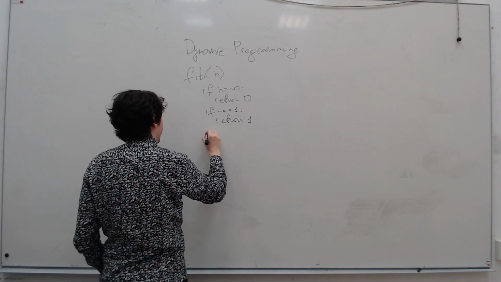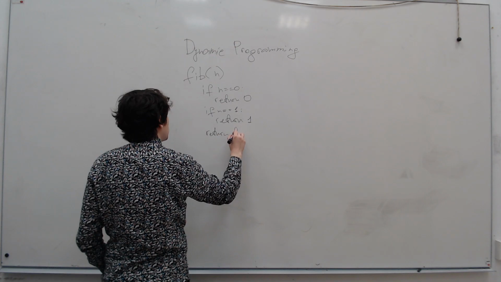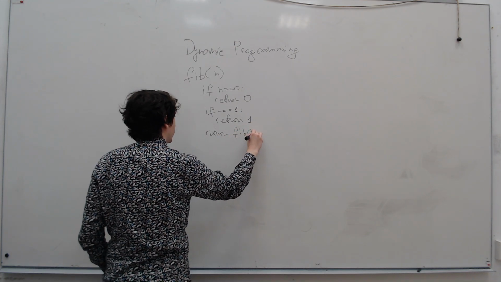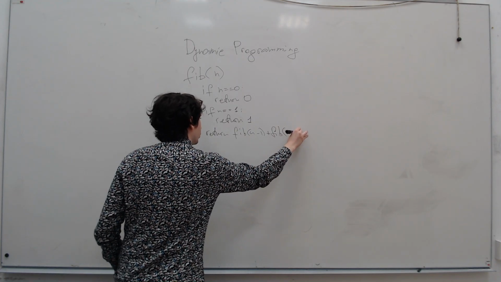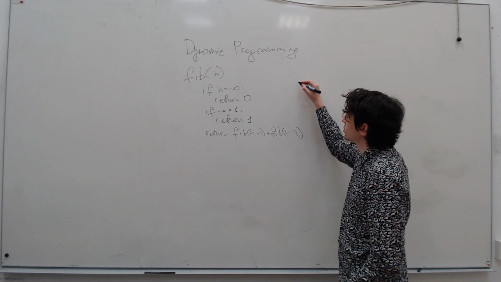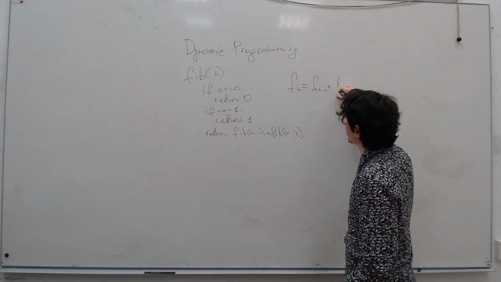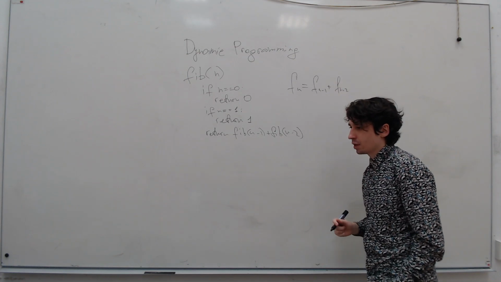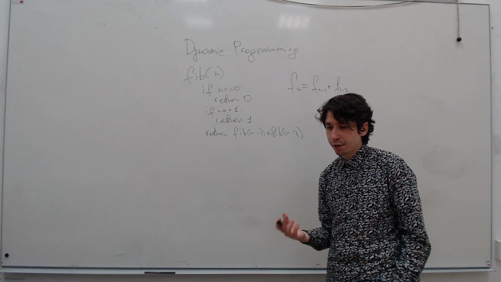And otherwise, you will return fib of n minus 1 plus fib of n minus 2. The Fibonacci is a pretty simple sequence, so f of n equals f of n minus 1 plus f of n minus 2. And our problem here is to calculate the nth Fibonacci number.